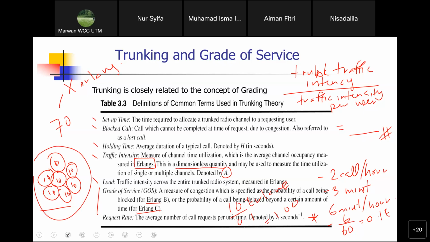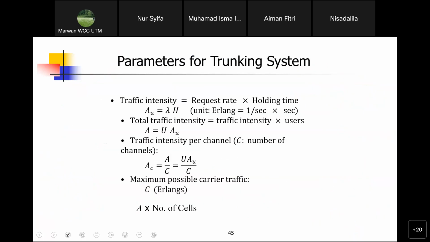All of this will be clear once we look at the example. These are just the equations from the definition. Traffic intensity is the request rate, for example 2 calls per hour, times every call of 3 minutes, which gives you 0.1.